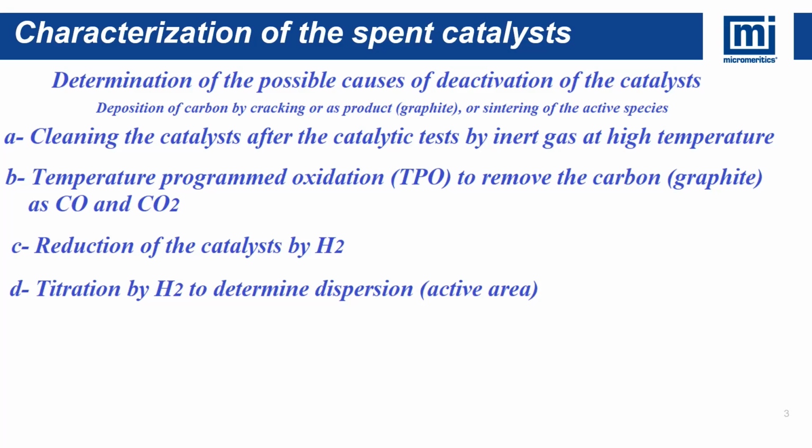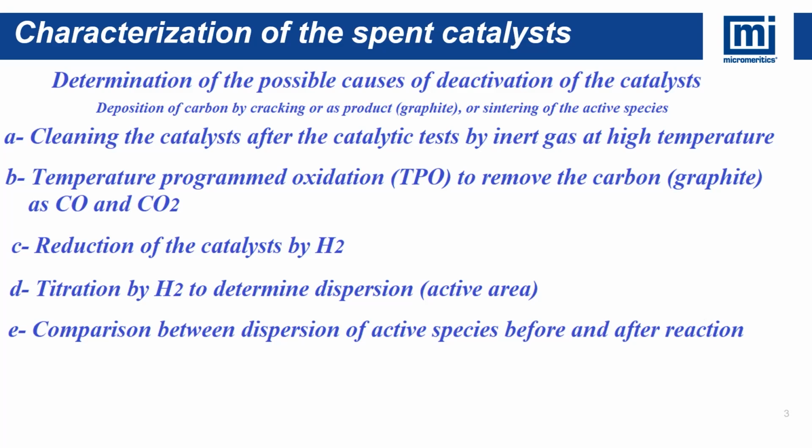It is very important to understand the difference between the specific surface area and the active surface area. The specific surface area is the surface area of the support, measured by nitrogen at 77 K, while the active surface area is the area occupied by the active particles where the reactions take place. So in this case, we're talking about the active area.